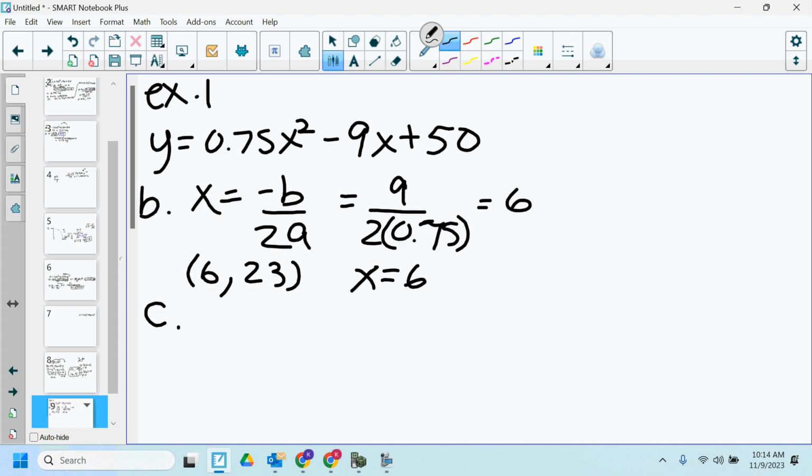Ooh, good, minimize. So thinking about my quadratic here, look at my A value. My A value is positive, which means my quadratic looks something like this. Where would that minimize? Yes, that's our vertex point, right? That is an absolute minimum.